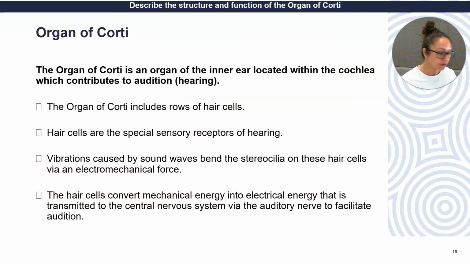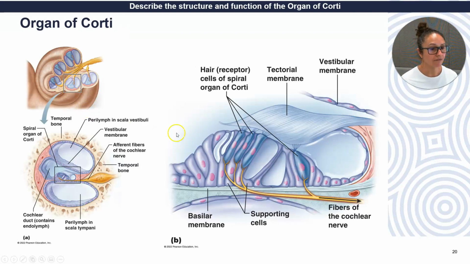So the organ of hearing is called the organ of Corti, and we're going to look at how that organ works. Now, I have this picture here to show you where it's located. Here are all the axons of all the hair cells. So let's have a look.